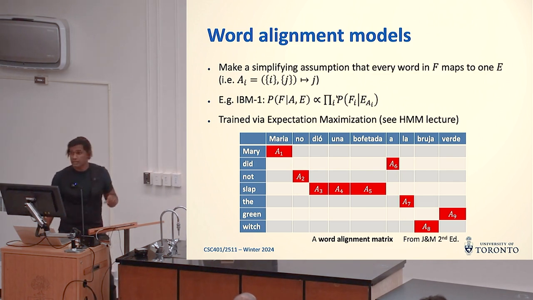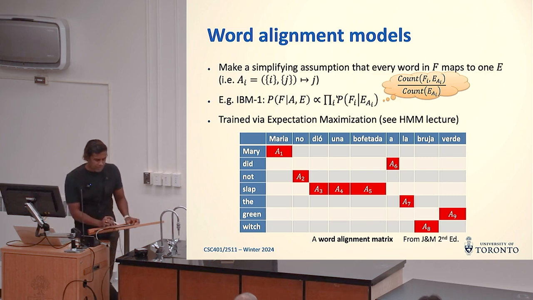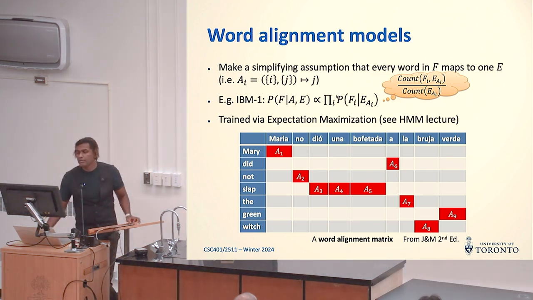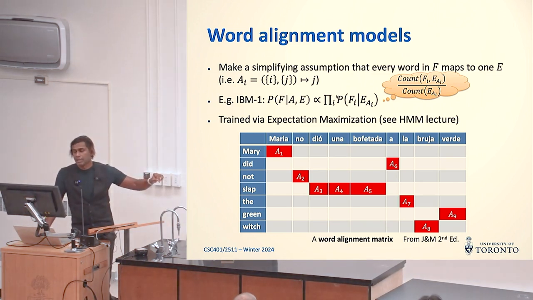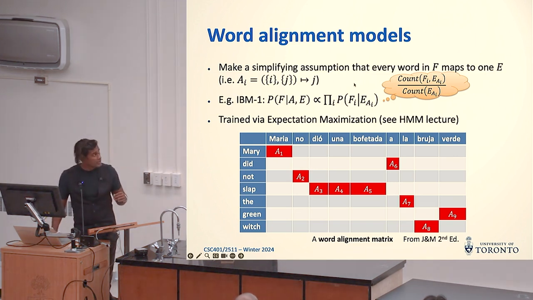Now going back to this one again, how can we get the probability of F given some English alignment? That can be just the maximum likelihood probability. You look at the corpus, you count the number of times this word F has been aligned with this English word E, and then you divide it by the number of times that English word appears in the corpus. So it's just an MLE approximation, okay?